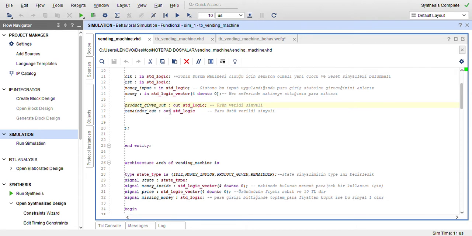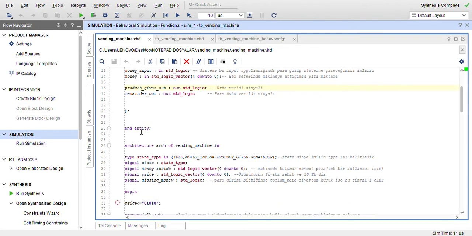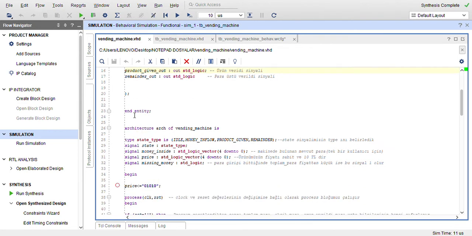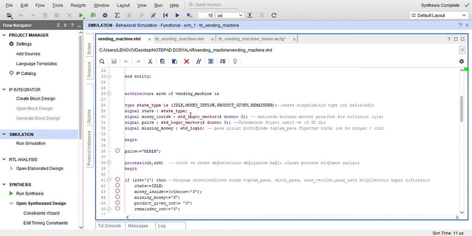Product given out is a signal or output that shows our product is given, and reminder output shows that the vending machine gave the customer the reminder. Then we write end entity and we continue with architecture.